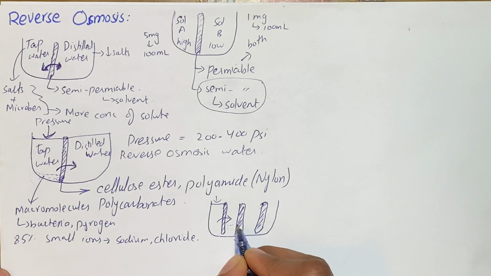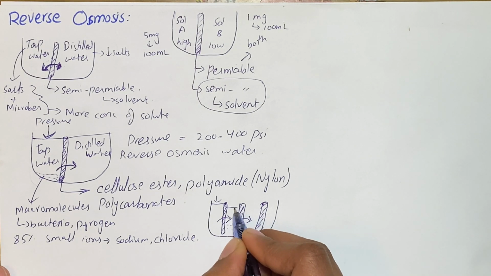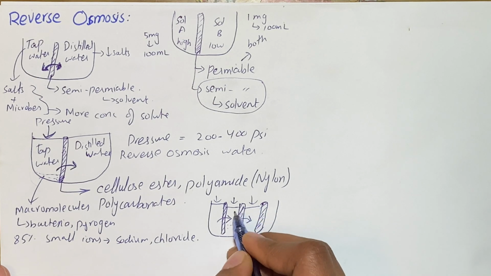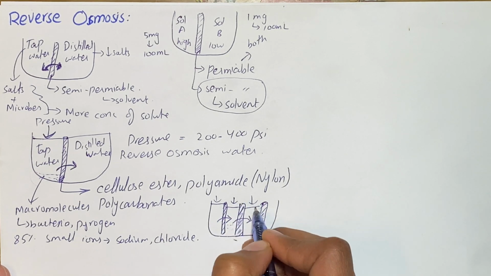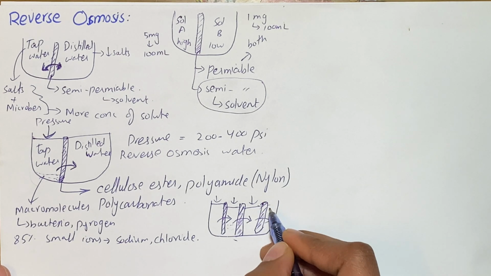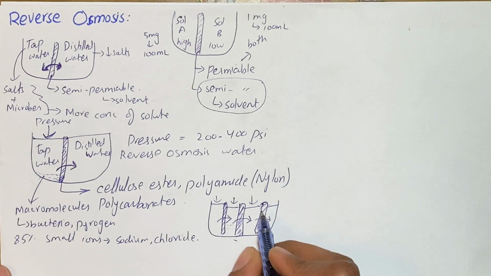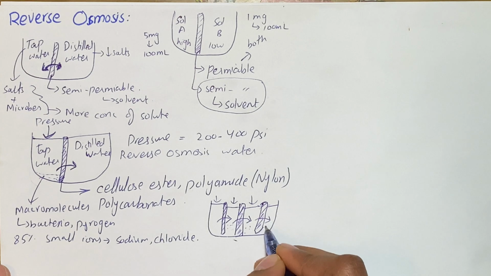But small ions like sodium chloride, some percentage of these ions also cross that membrane, but there is the presence of several other semi-permeable membranes in that tank, so those ions will also have to pass through them, and in this way some of the ions will get stuck behind when they have to pass through the series of membranes.